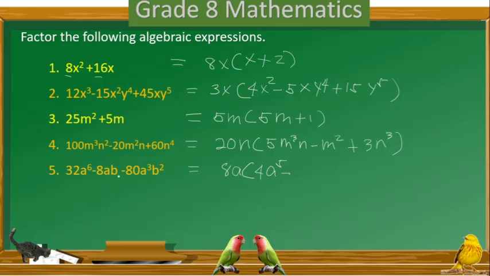Minus 8ab divided by 8a, that is only b, because we cancelled 8 and 8, a and a. Then copy the sign. Then 80 divided by 8 is 10. Then a cubed divided by a, that is a squared. Then b, we will copy b squared.